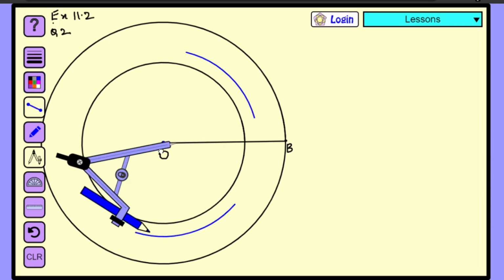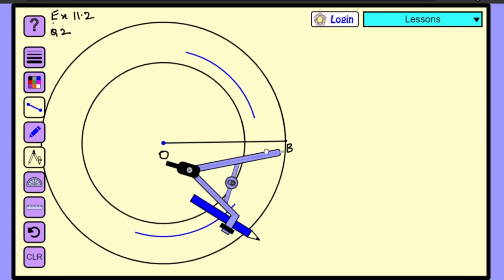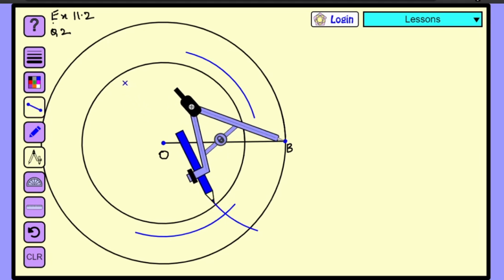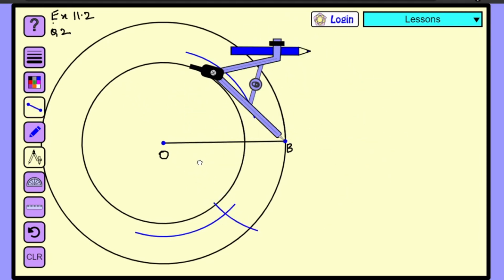Now from the point B also I will draw the arcs which intersect the previous arcs at a particular point.